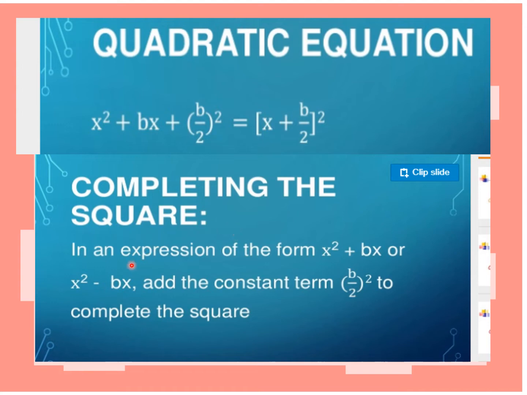So completing the square in an expression of the form x squared plus bx or x squared minus bx, add the constant term which is b divided by 2 raised to the second power to complete the square.